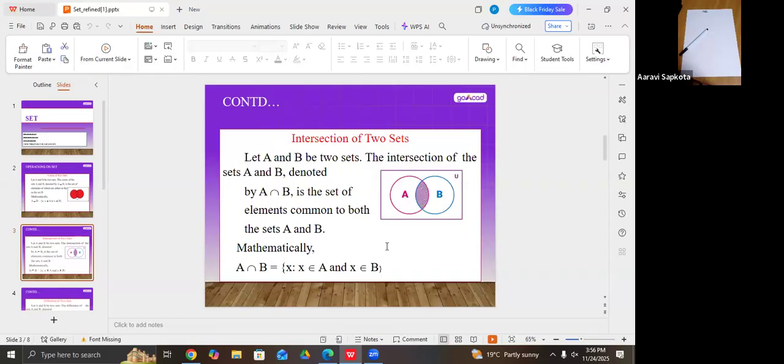Now, intersection of 2 sets. In the intersection, we take only the common elements.